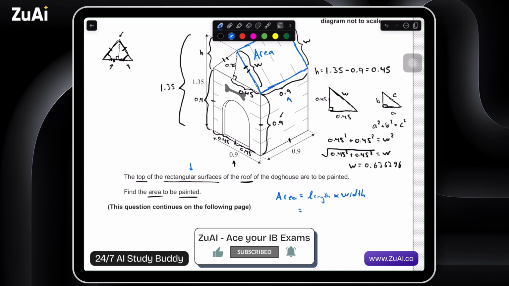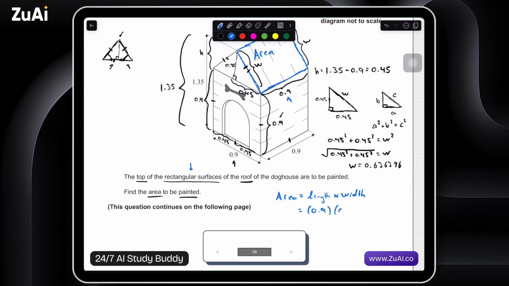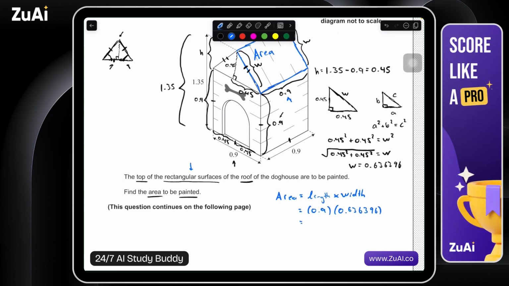The length we know is equal to 0.9, and the width itself is equal to, and I'm going to save a lot of these digits, 0.636396. Again, working it out on the calculator that I have beside me, 0.9 times 0.636396. And this gives us a value of 0.5728.